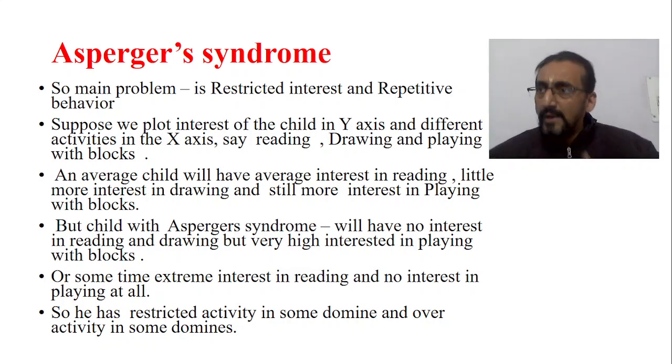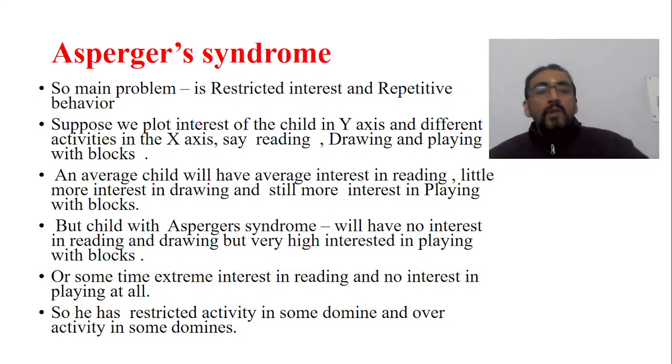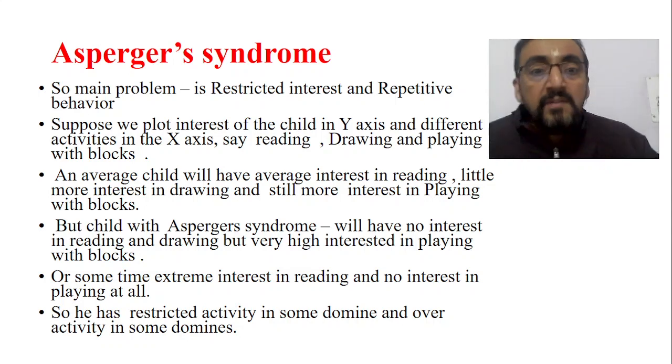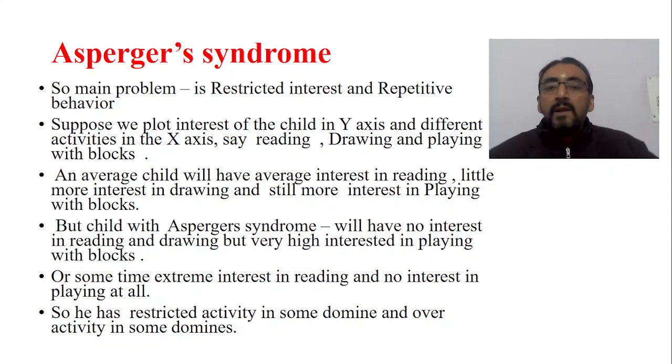Sometimes extreme interest will be in reading, sometimes in drawing, and sometimes in playing. This is called restricted activity. So he has restricted activity in some domains and overactivity in other domains.